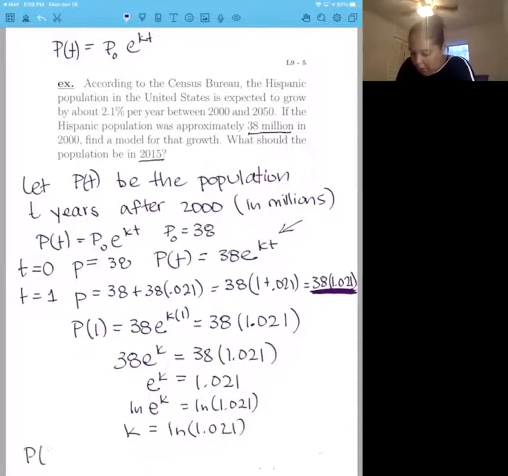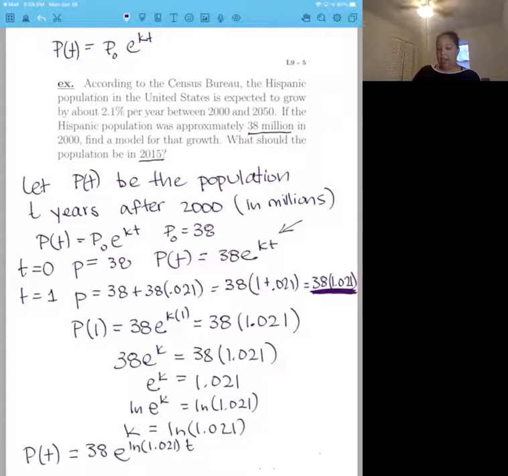So then my model is P of t equals 38 e to the natural log of 1.021 t. All right, so I have my model, where again, t is the years after 2000, and this is going to give me the population in millions.